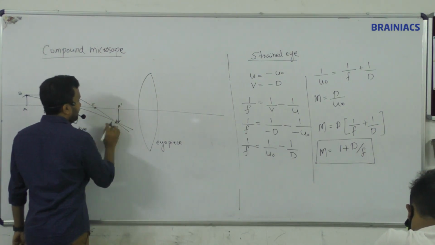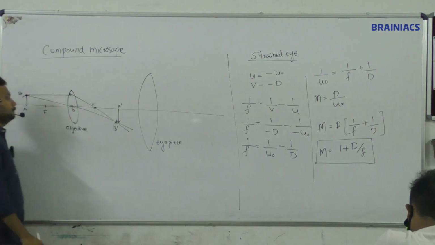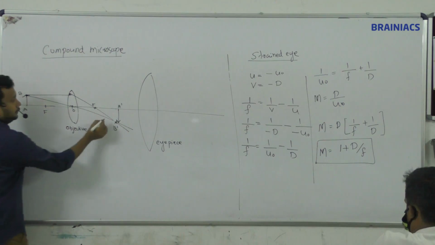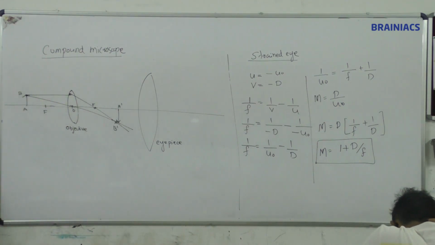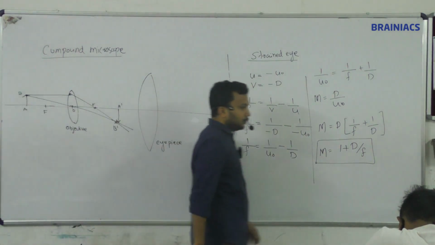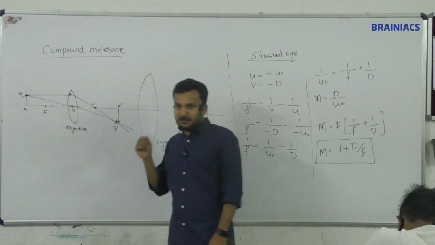A dash B dash: a ray parallel to the principal axis passes through the focus, a ray going through the optical center is undeviated, and they create an image.